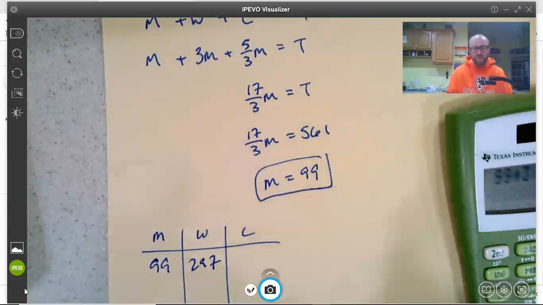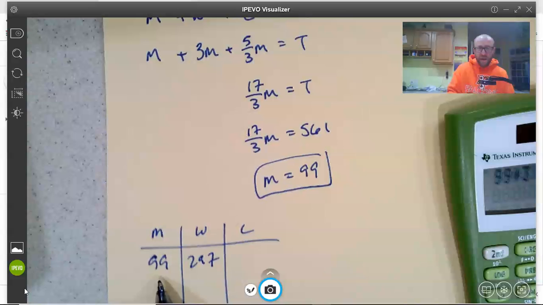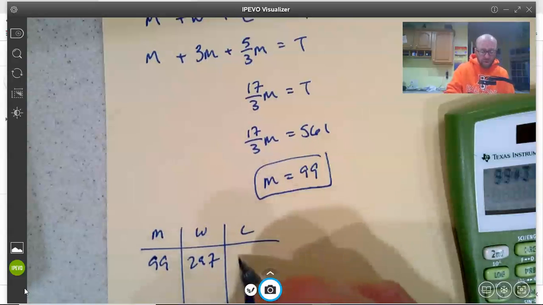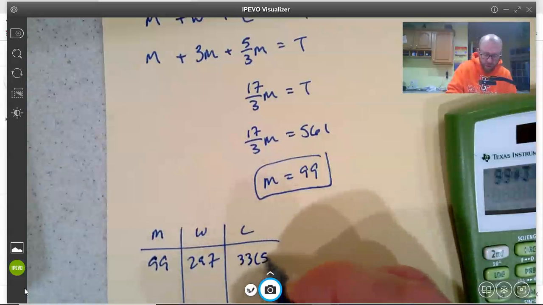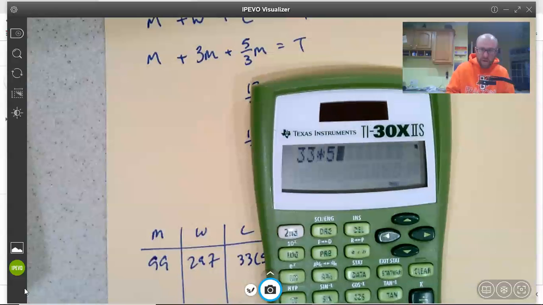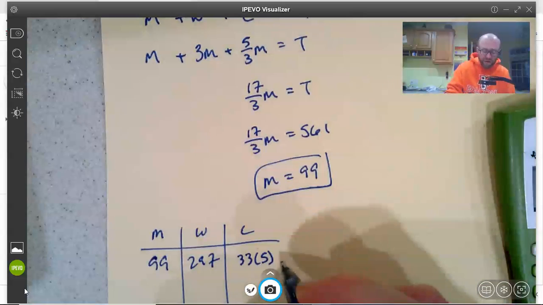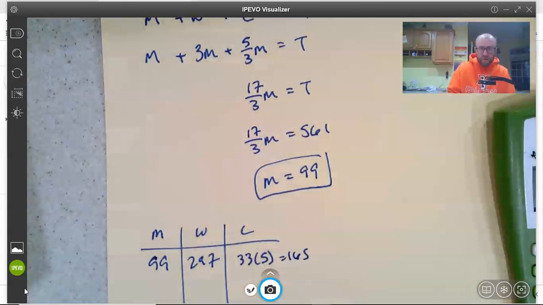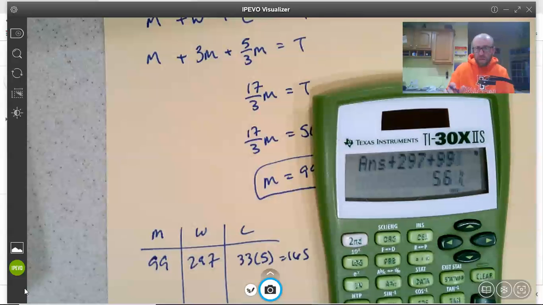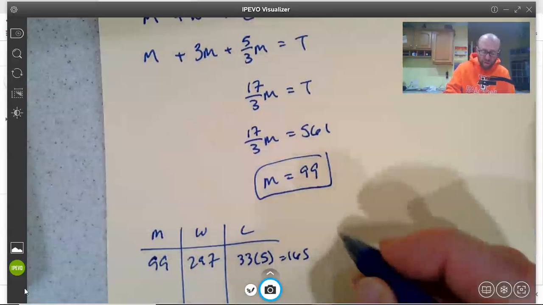And the number of children, okay, so for every 3 men, there are 5 children. So 99 is 33 groups of 3. So there are 33 groups of 5 children. 33 times 5 is 165 children. So altogether, 165 children plus 297 women plus 99 men gives us 561 total.